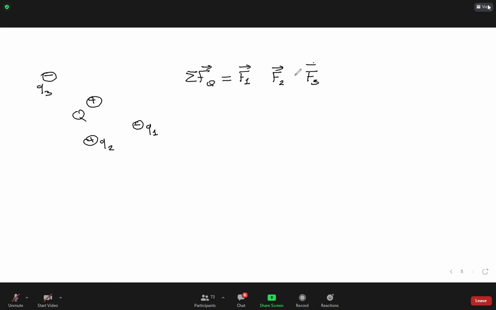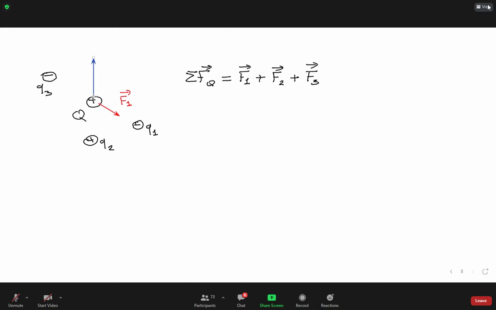And of course, the total force is the vector sum of the individual forces. So the interaction between Q1 and big Q, since big Q is positive and Q1 is negative, there's going to be an attractive force in this direction. I can call this force F1. Now look at the interaction between big Q and Q2. They're both positive, so there's going to be a repulsive force along the line joining the two charges.